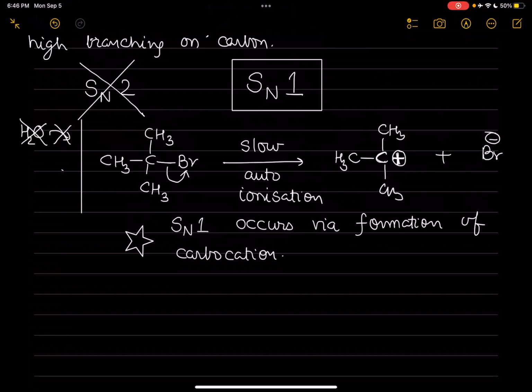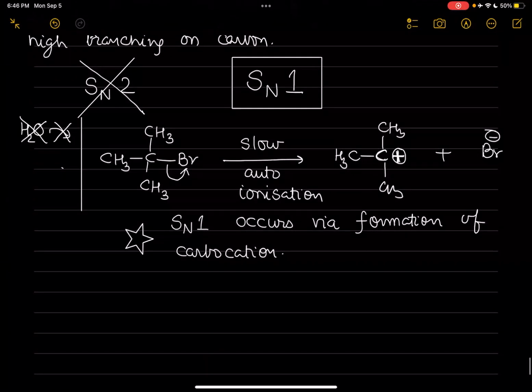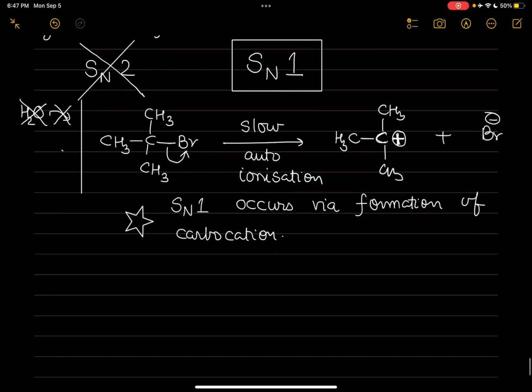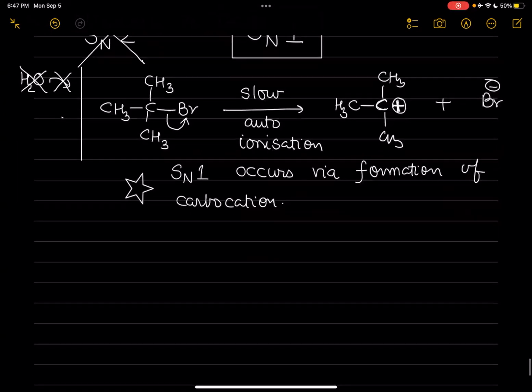How have the conditions become favorable for SN1? Because in SN1, the nucleophile can't come directly, but the leaving group first starts coming out on its own, and this leads to the formation of a carbocation, C plus. Okay, so SN1 occurs through the formation of a carbocation, and this carbocation forms when the leaving group breaks apart on its own, right?